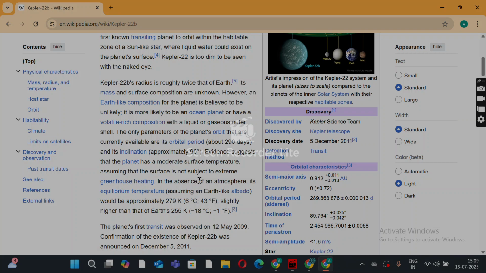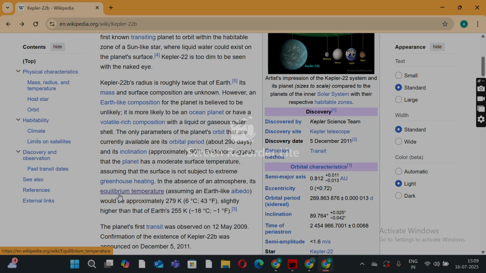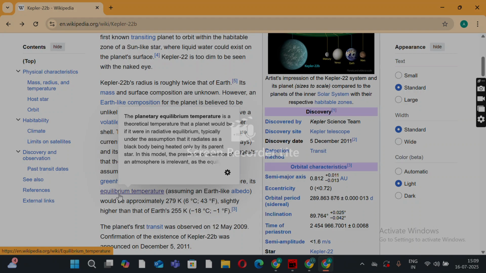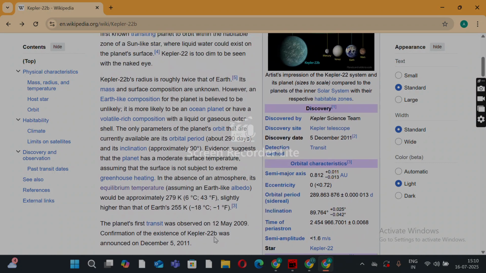In the absence of an atmosphere, its equilibrium temperature, assuming an Earth-like albedo, would be approximately 279 K, 6 degrees Celsius, 43 Fahrenheit, slightly higher than that of Earth's 255 K, minus 18 degrees Celsius, minus 1 Fahrenheit. We're going to do till here.